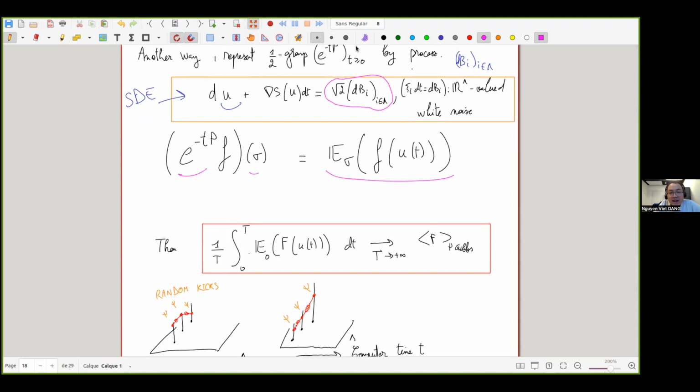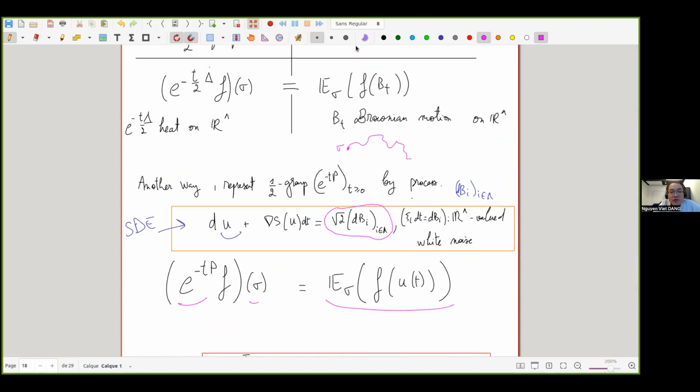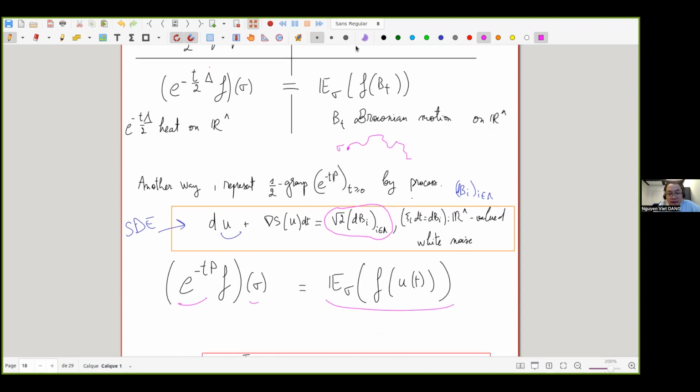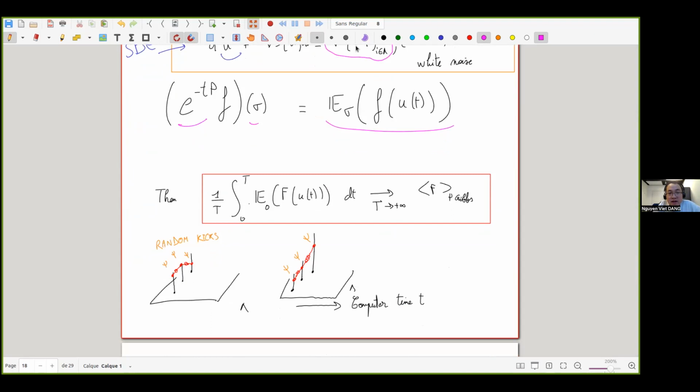So it's exactly the same picture as for the heat equation and for Brownian motion. And maybe for those of you who know, this operator P is very well known in mathematical physics. It's called the Fokker-Planck operator. So it's very important.